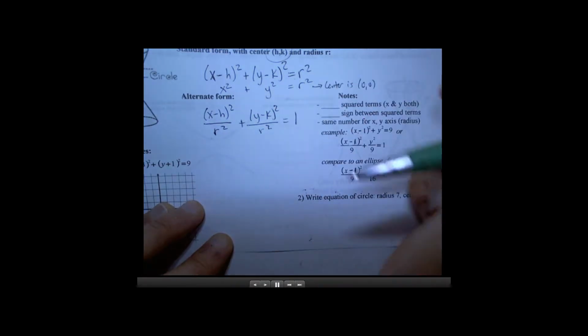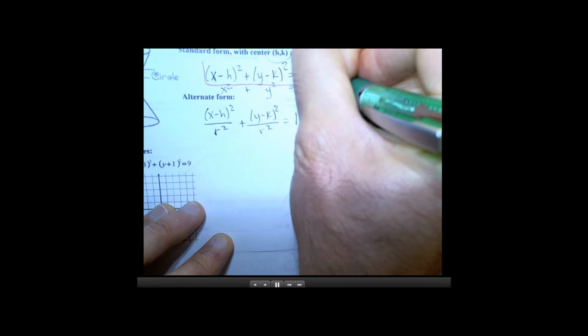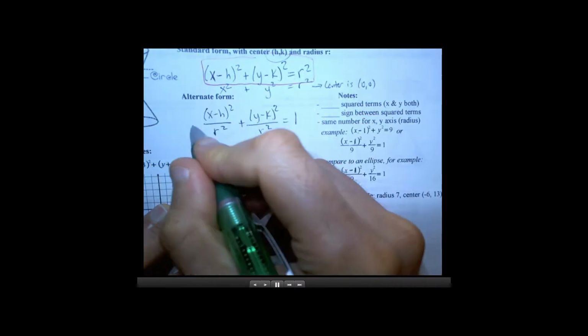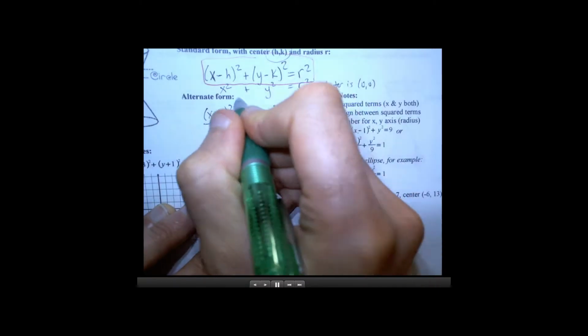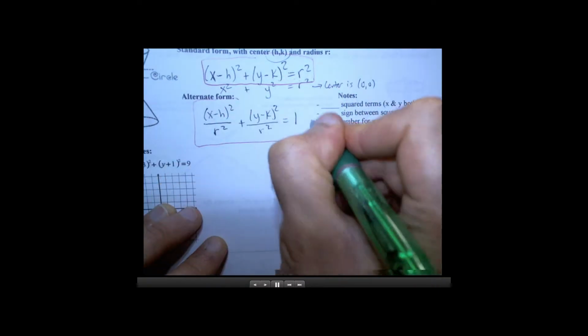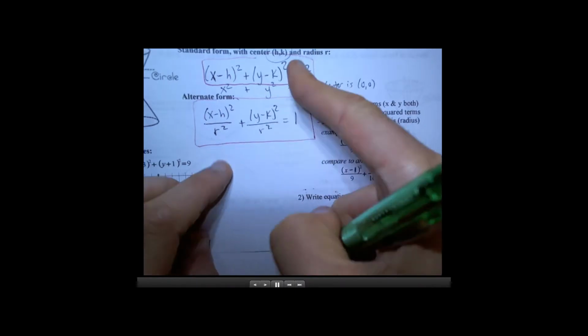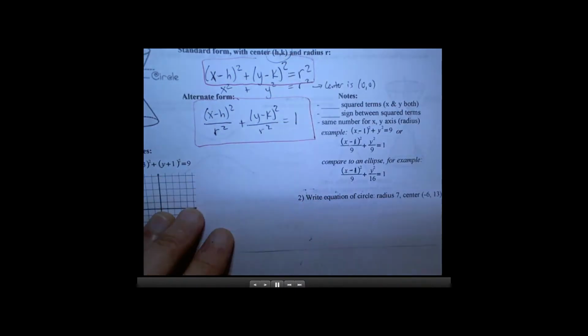The main one we're dealing with is the first one, and you'll see it quite a bit if the center is (0, 0). But if you like this way, because it fits in better with the other shapes we're going to do, that's fine. You can write it like this. I'm not going to penalize you. These two are equivalent. It's just an alternate form.